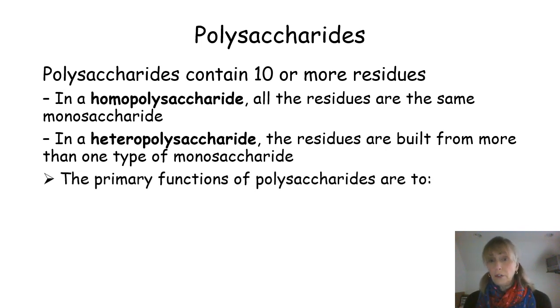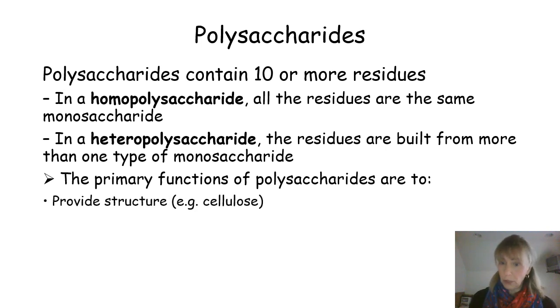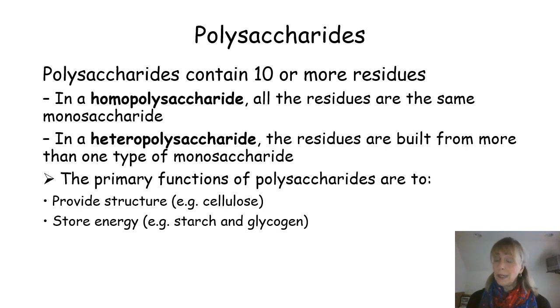Primary functions of polysaccharides are to provide structure, such as in cellulose, which is an example of a polysaccharide that we'll look at, or to store energy, as in the case of starch and glycogen.